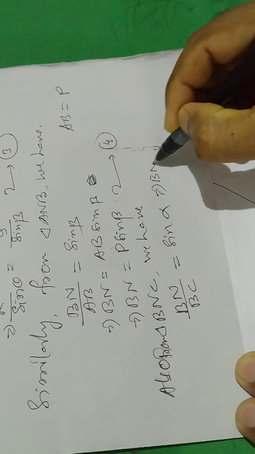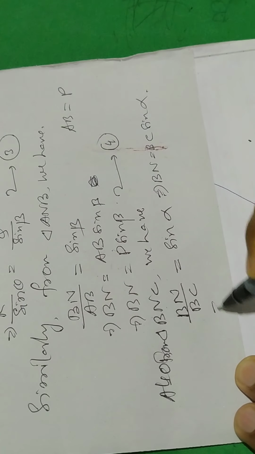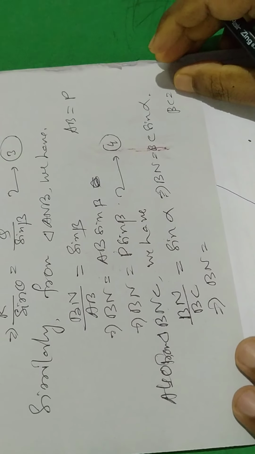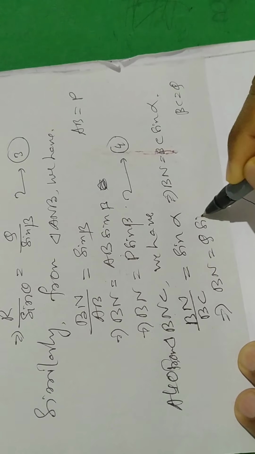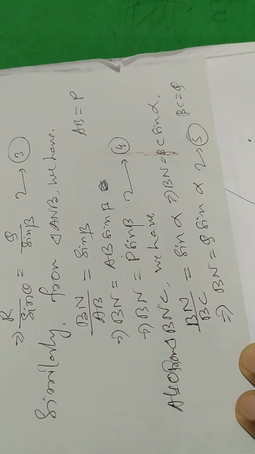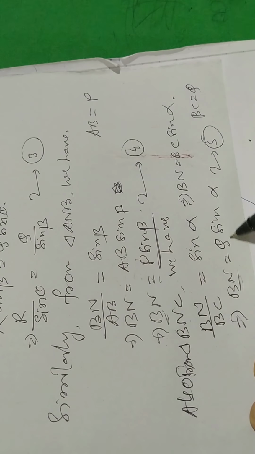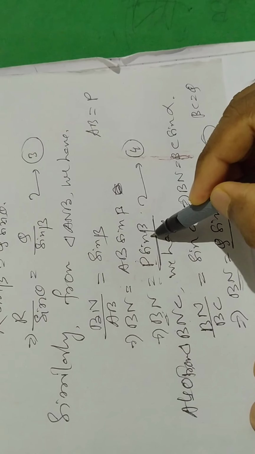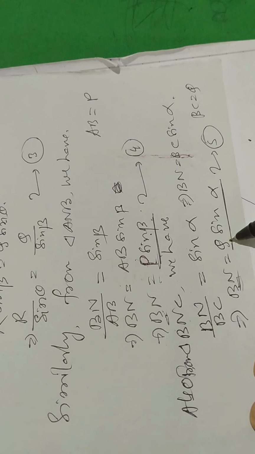So BN equals BC sine of alpha. BC is Q, so BN equals Q sine of alpha. Equation number 5. So BN equals P sine beta and BN equals Q sine alpha.